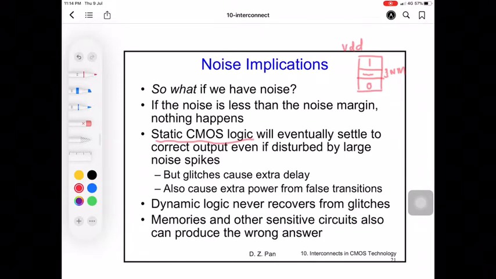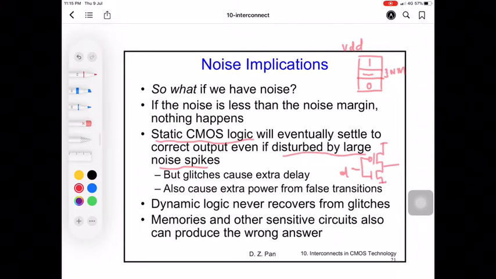It has complementary logic gates, so it will eventually settle to the correct output even if it has large spikes. For example, an inverter is an example of static CMOS logic.